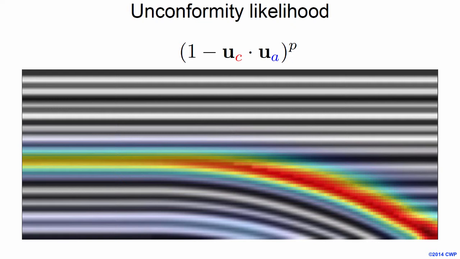And this product is smaller when the angle between these two vectors is bigger. Therefore, we use 1 minus this dot product to evaluate the vector differences. And the power P here is a big number that we use to increase the contrast between the samples with small and large vector differences.